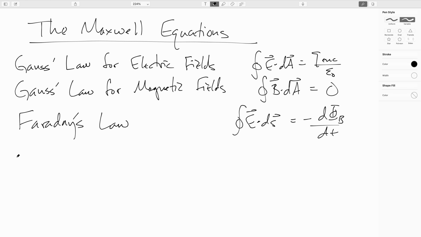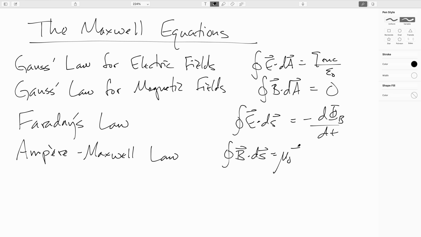And then finally, we have the Ampere-Maxwell Law. And this says integral B dot ds is equal to mu naught I plus epsilon naught mu naught d phi E dt.